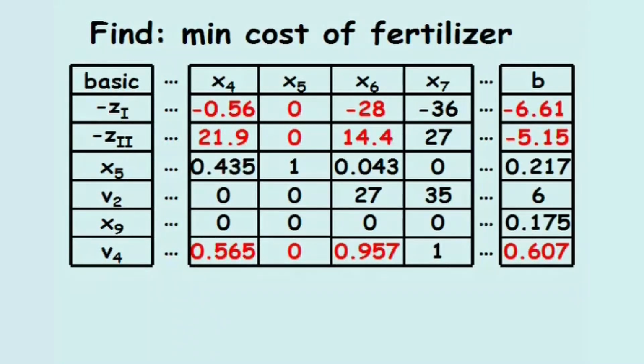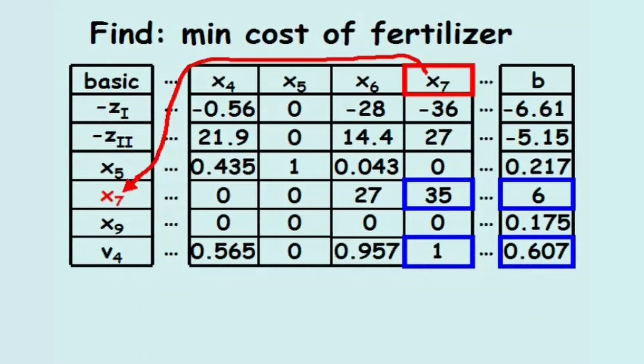So far, artificial variables v2 and v4 are still in the basis. On the third iteration, we determine variable x7, which represents phosphate, will enter the basis since negative 36 is the most negative phase 1 reduced cost coefficient.